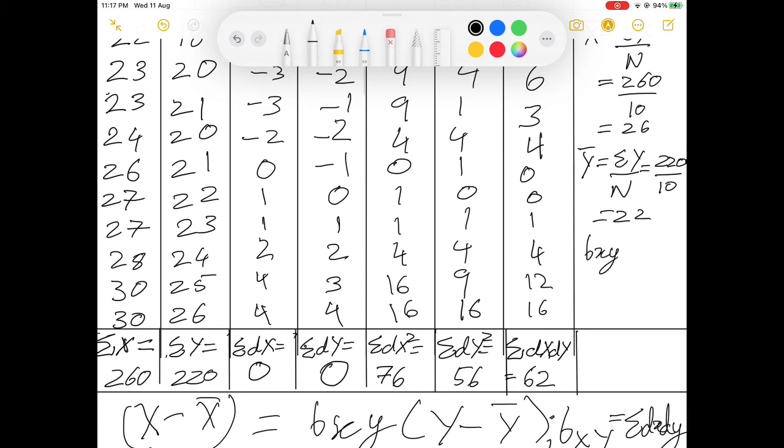Right. So bxy is equal to sigma dx dy by sigma dy square, as we have already written down all the formulas. So sigma dx dy is equal to 62, sigma dy square is equal to 56.